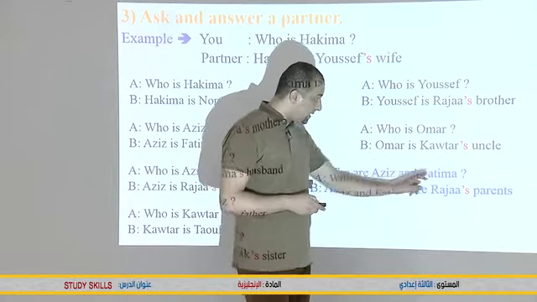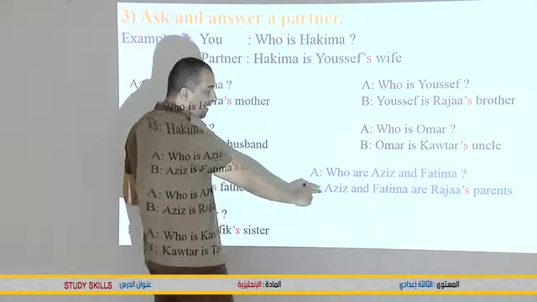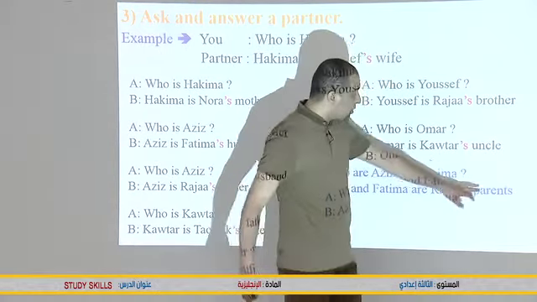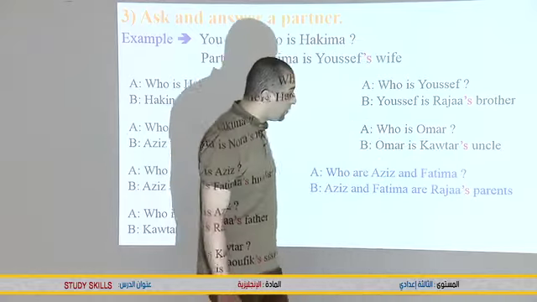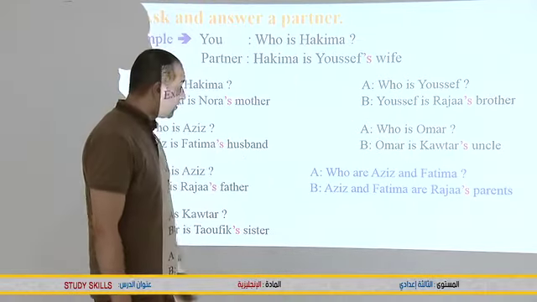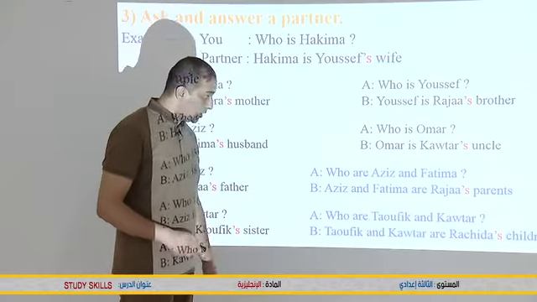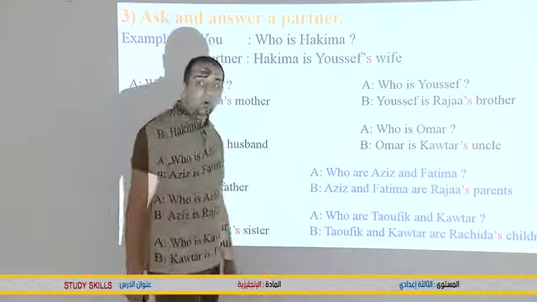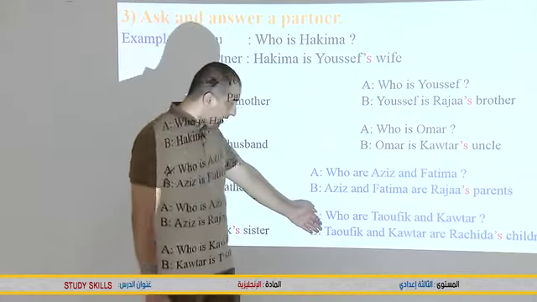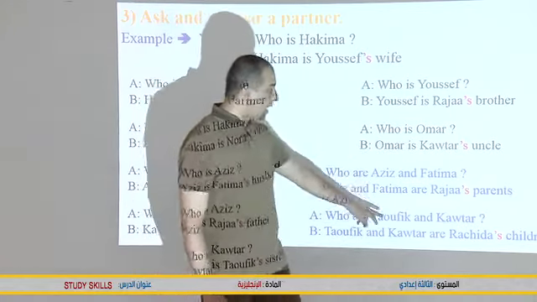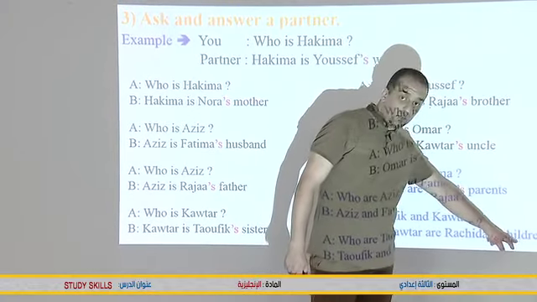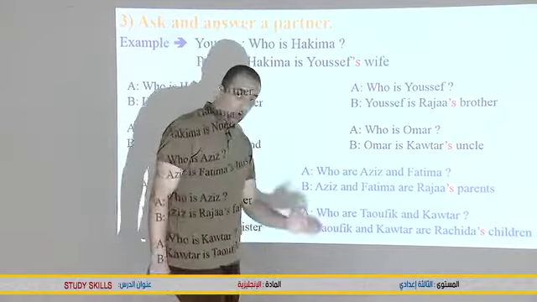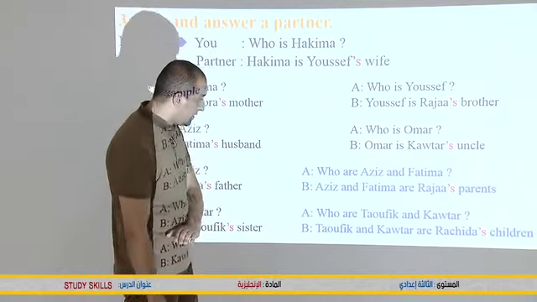Aziz and Fatima are Raja's parents. And when we talk about parents, we refer to father and mother. Another example in the plural. Who are Tawfiq and Kautar? Tawfiq and Kautar are Rashida's children. When talking about children, we are talking about daughter and son.